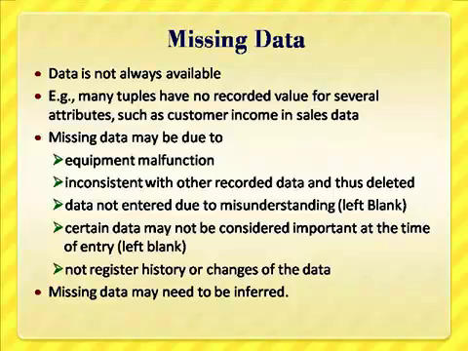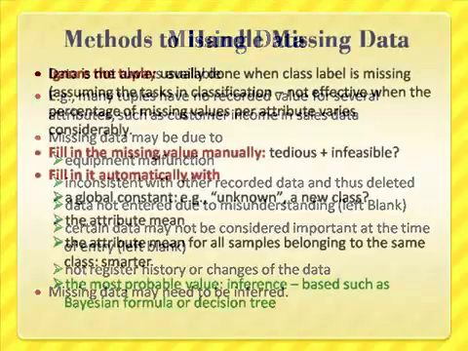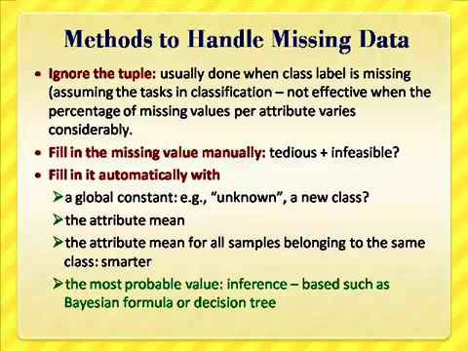To handle the missing data, there are different kinds of methods. The simplest method is to simply ignore the tuple. This is generally done when the class label is missing in the case of classification. Of course, ignoring the tuple is not always effective when the percentage of missing values per attribute varies considerably.